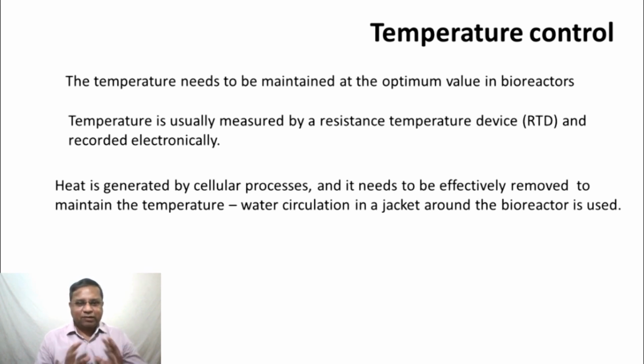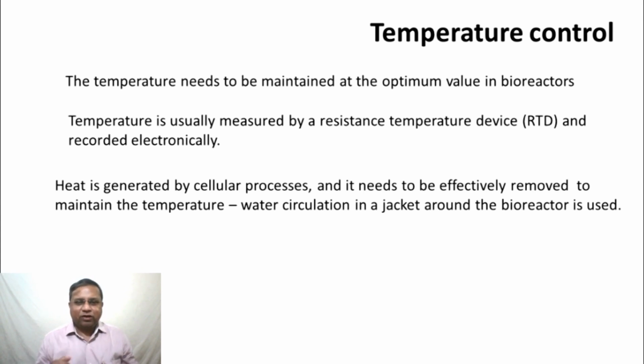You have a bioreactor vessel, say cylindrical vessel. Concentric to that cylindrical vessel, you have another container through which water can be circulated at appropriate temperatures to maintain the temperature of the bioreactor contents. That's the way the temperature is maintained.